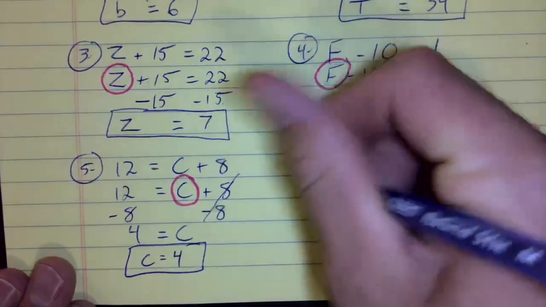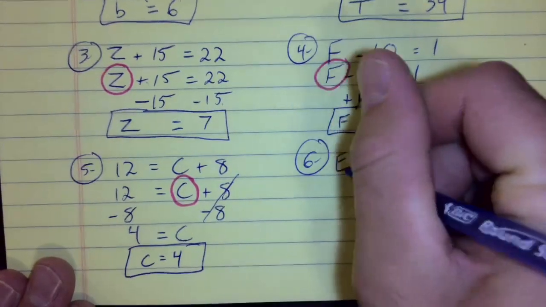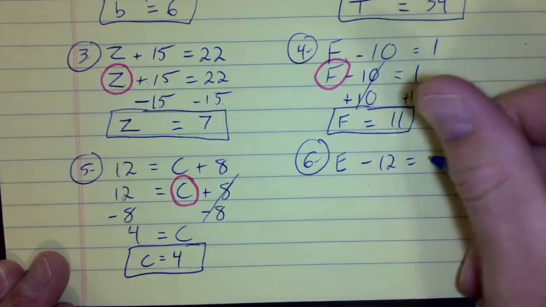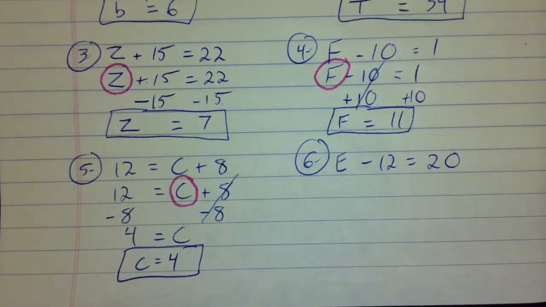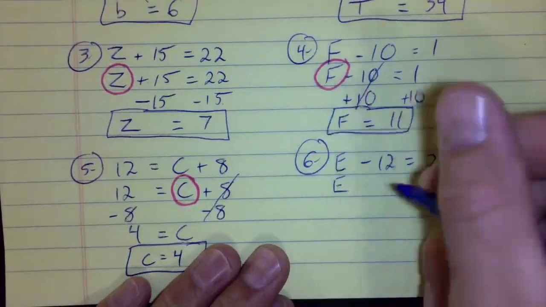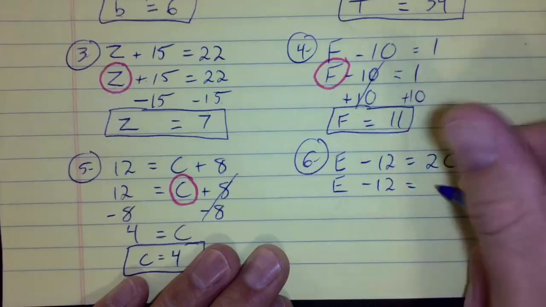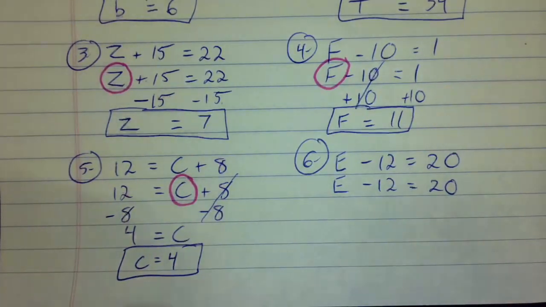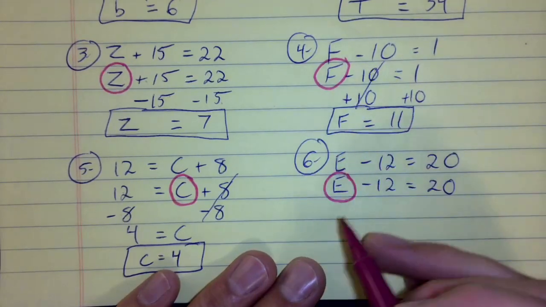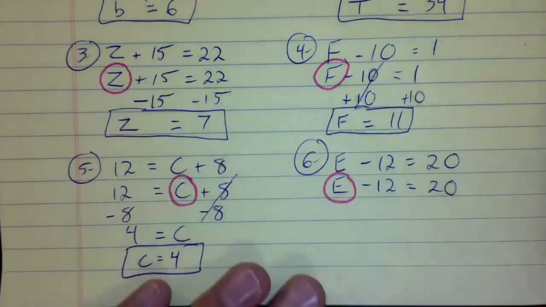Let's see another one. Number 6 is E minus 12 equals 20. All right, so by now you know that you just have to rewrite it. E minus 12 equals 20. All right, and circle that variable. You have to get that E by itself.